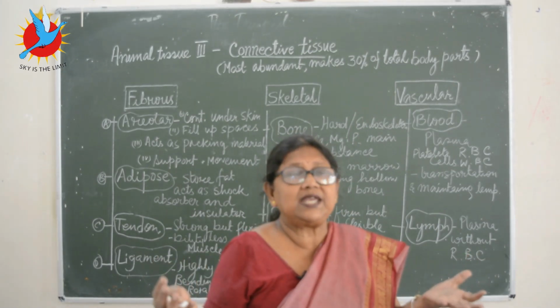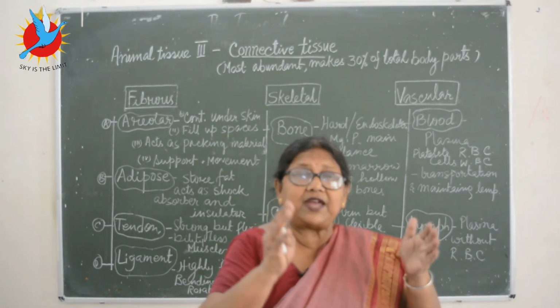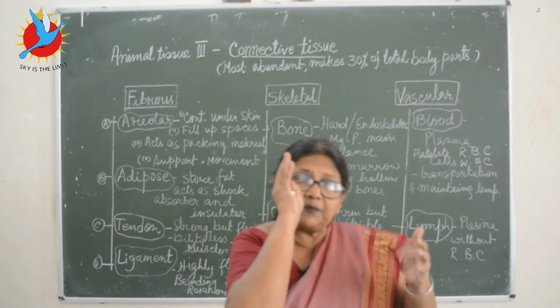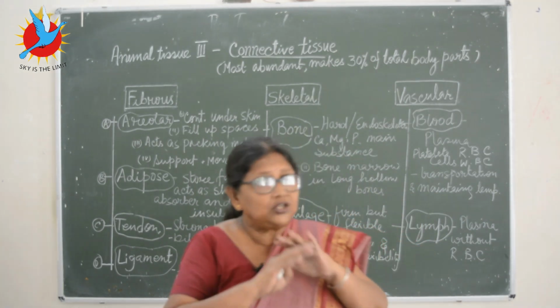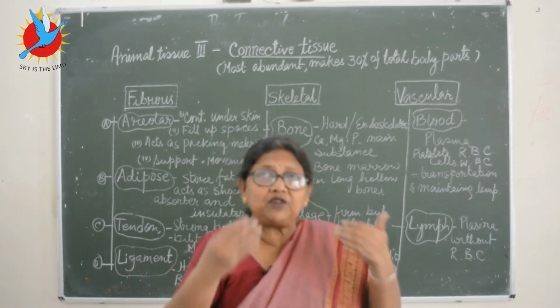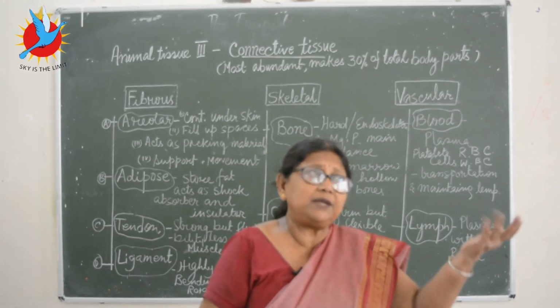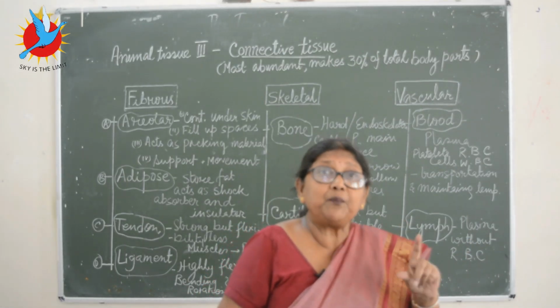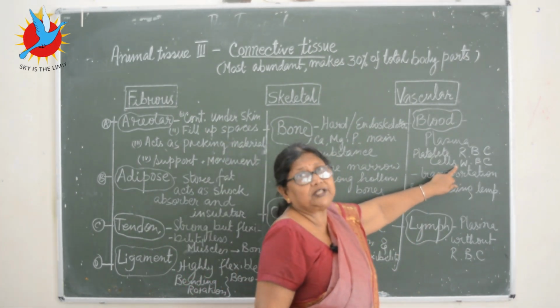Nowadays you are hearing a lot about viruses. If any virus attacks a person who is fully immunized and has a lot of antibodies, he can fight it and will not be sick. But if you have fewer antibodies and are not able to fight, you will be affected by that particular type of germ. So it's very important that we have proper WBC, or white blood cells, in our body.